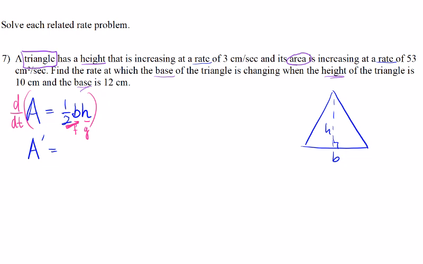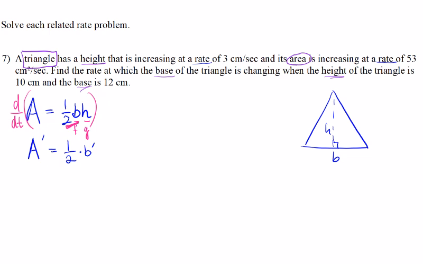So when I take the derivative of 1/2 b with respect to time, what I'm going to get is 1/2. The derivative of 1/2 b is just 1/2, but then I have to tag on a b prime.